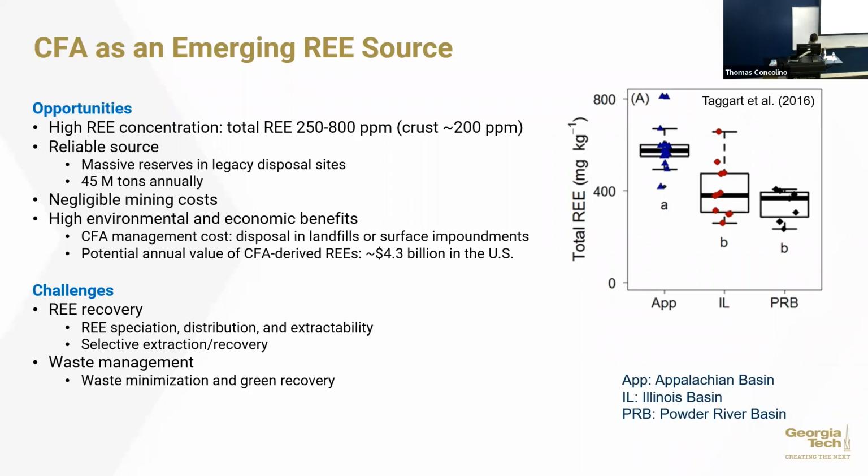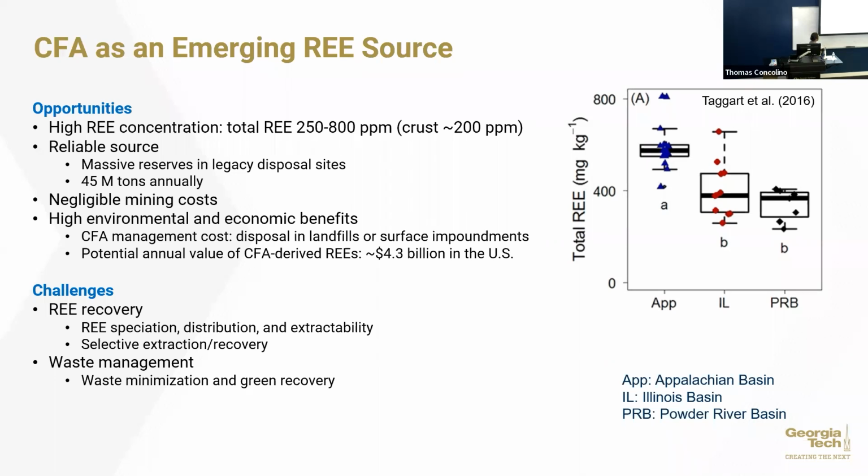So on the REE recovery side, we really need to understand the REE speciation, distribution, and extractability in coal ash samples, and also how we design, as I mentioned, selective extraction and recovery technologies. As you can imagine, we are trying to extract something that's only at a couple hundred ppm, but you still have a lot of residual materials that you need to work with.